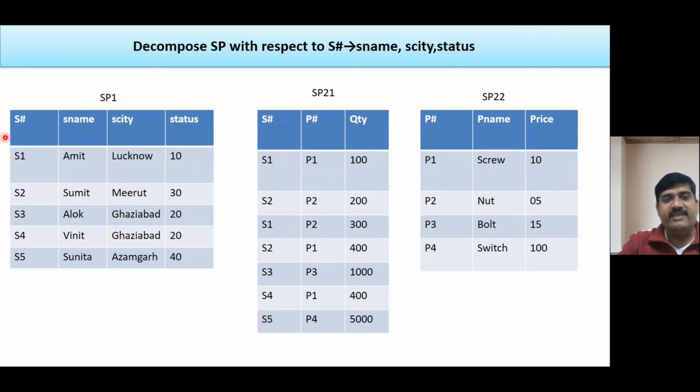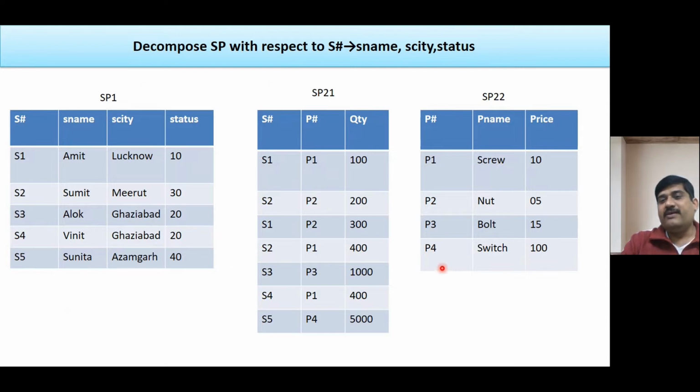So if we delete any tuple from the SP1 table, then we will not lose the information related to parts. Suppose we want to store the information related to a supplier which is currently not supplying any part, then we can easily insert that information in the supplier table.